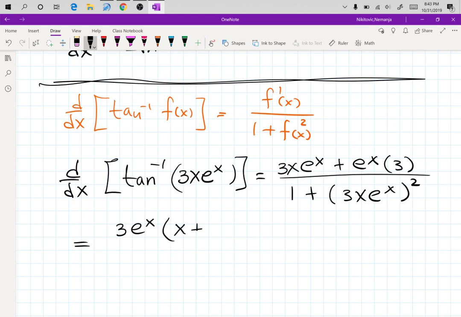What's left is x plus 1, divided by 1 plus 3xe to the x squared. And you can leave it there. Better than if you write 9x squared e to the 2x. We don't care about the denominator, because in chapter 4 you set it equal to 0 and then cross multiply, so the only solution is negative 1. Happy?